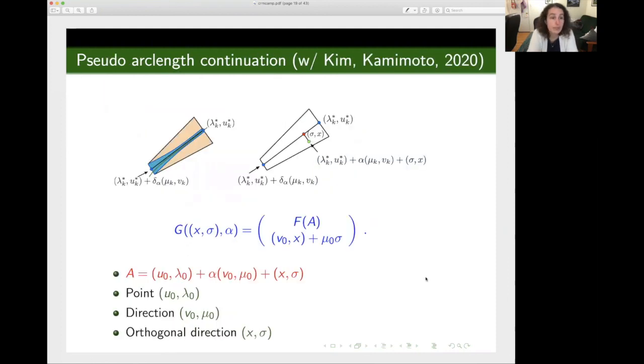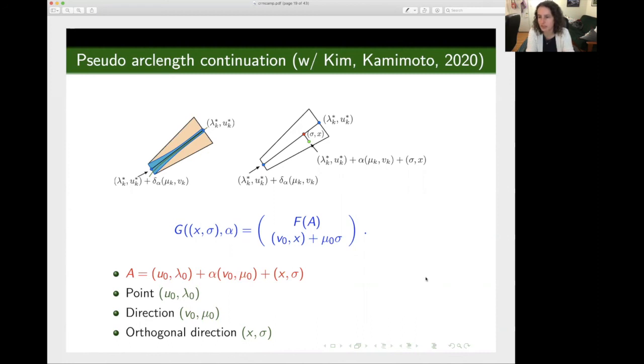So the problem, if you are familiar with numerical continuation methods, you've already seen the problem with what I've just described: it was a natural continuation method, in the sense that we were only doing a progressive continuation, where we would look for a point by fixing the parameter.